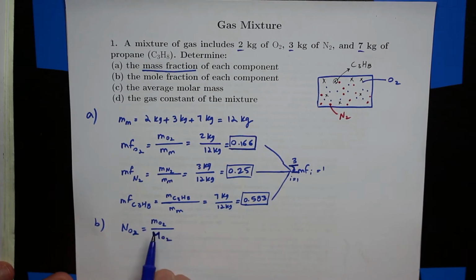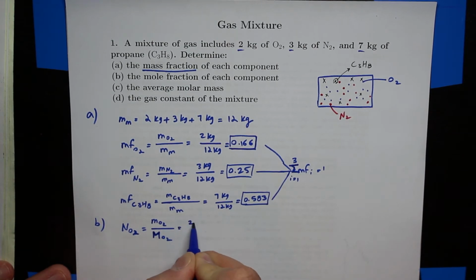Okay, so here the lowercase m is mass of oxygen and uppercase M is the molar mass of oxygen. So the mass is coming from the problem, like right now in this problem, lowercase m_O2 is 2 kilogram, and the molar mass is coming from table A1, and the unit is kilogram per kilomole.